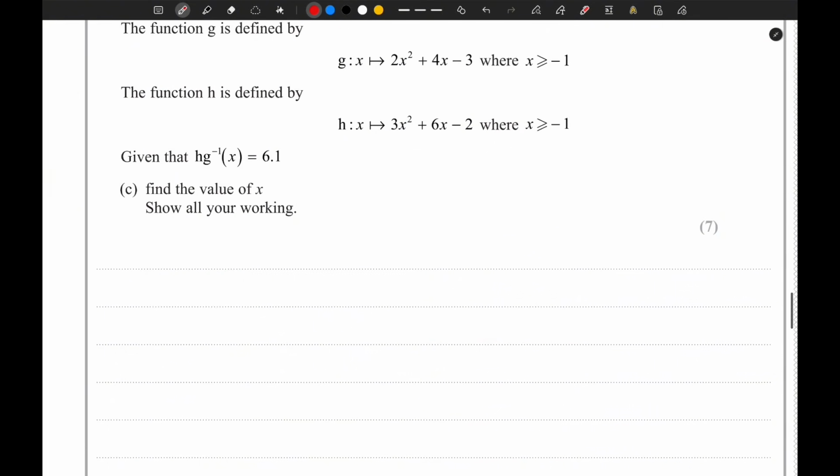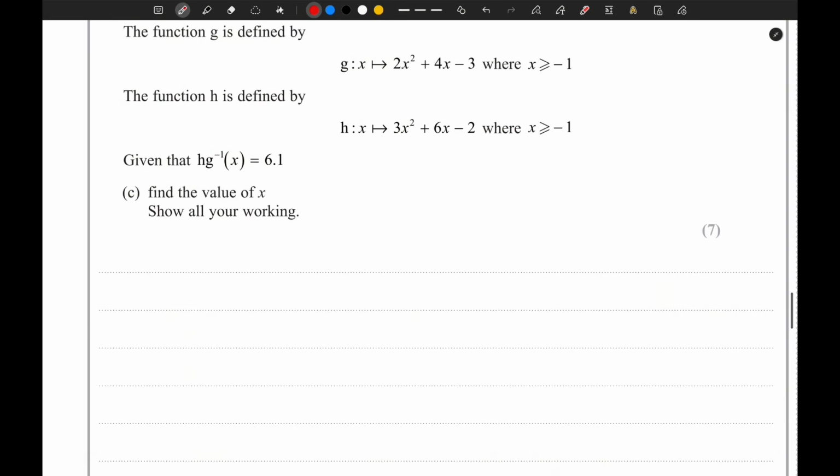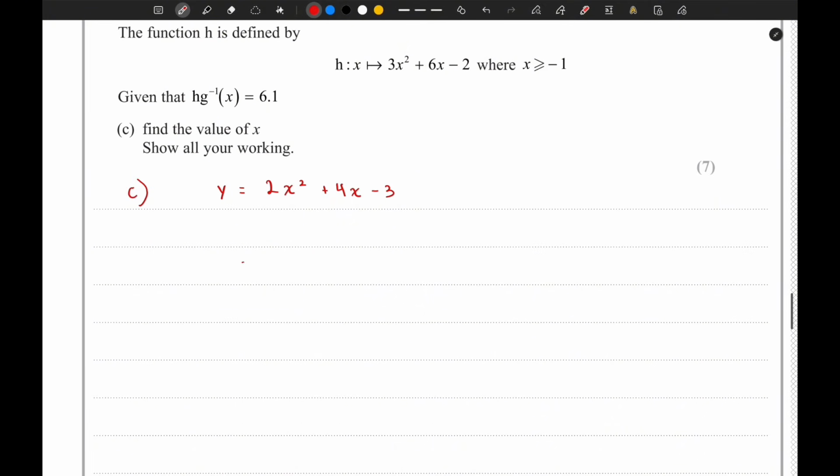Let's first find out the value of g⁻¹(x). So we have y equals 2x² + 4x - 3. Now what we need to do is make x the subject.